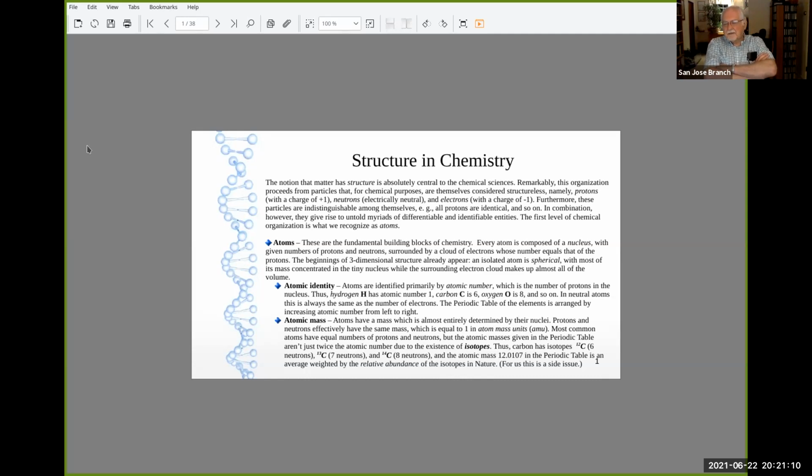So in chemical terms, these are the basic building blocks of everything. You can't distinguish one electron from another electron, or one proton from another proton, or one neutron from another neutron. They're practically identical as classes of particles.